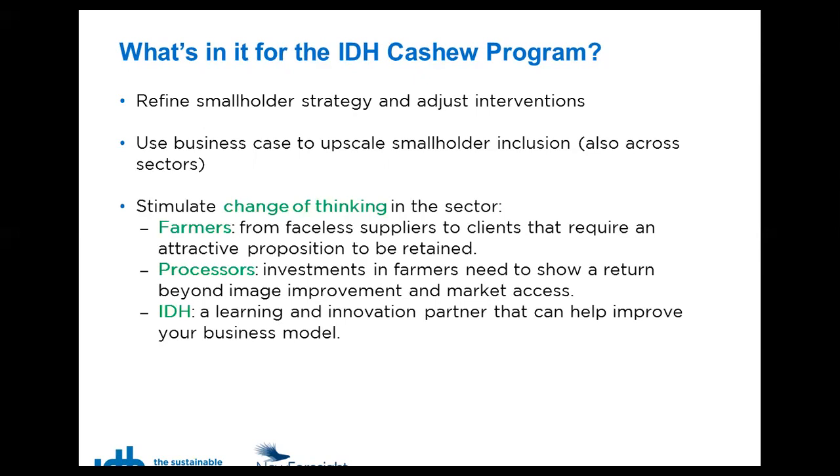Processors need to realize that investments in farmers need to show a return on investment beyond image improvement and market access. So the profitability at farmer level and at processor level needs to be clear for this to be sustainable.